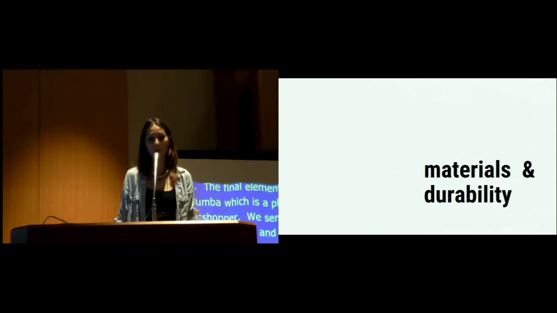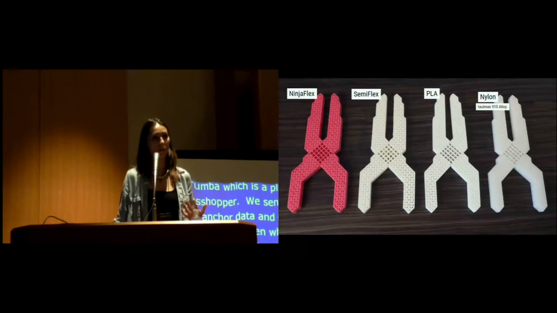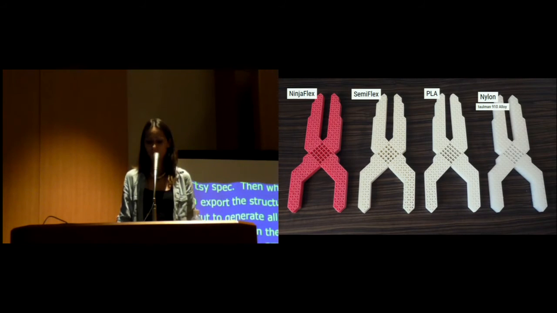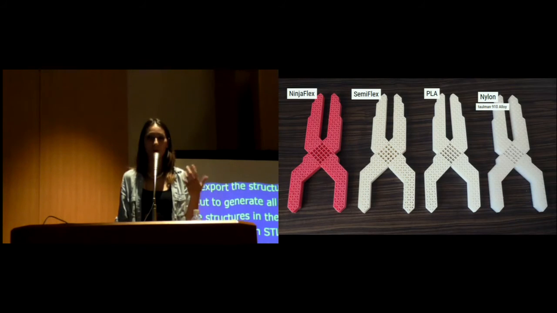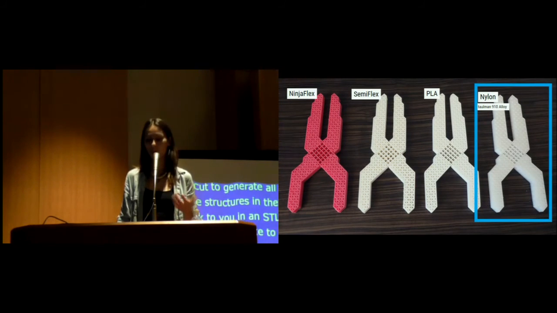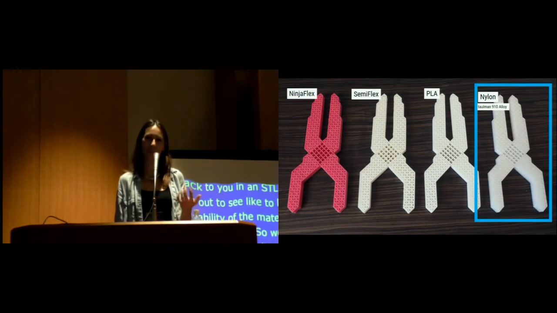So we also set out to learn about the durability of the materials and also of the structures. So we printed, for example, these pliers first in NinjaFlex, which is a popular rubbery filament to buy, then also in SemiFlex, which is a little bit stiffer than NinjaFlex, PLA, which is one of the very common filaments, and it's rather stiff and weak.